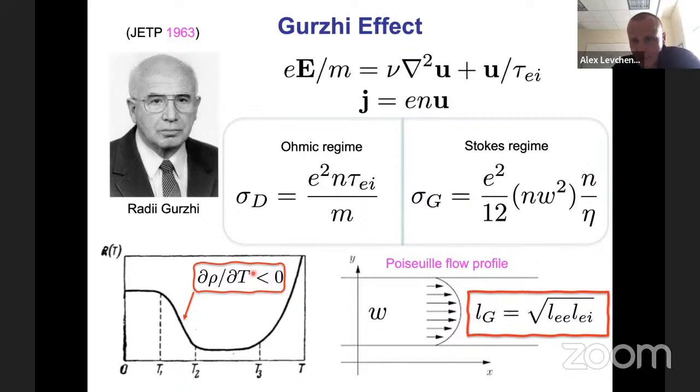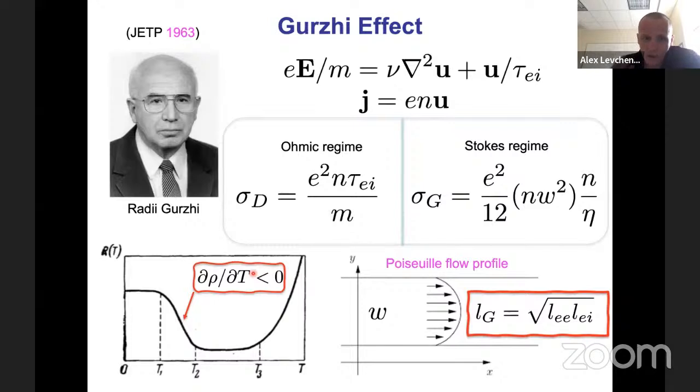Now, if you think about this from the mindset of conventional thinking about electronic transport, this is highly counterintuitive, because we think of resistance as a measure of scattering. We increase temperature, we increase probability of scattering of electrons, scattering of anything possible, phonons, and so on. So resistance should go up.